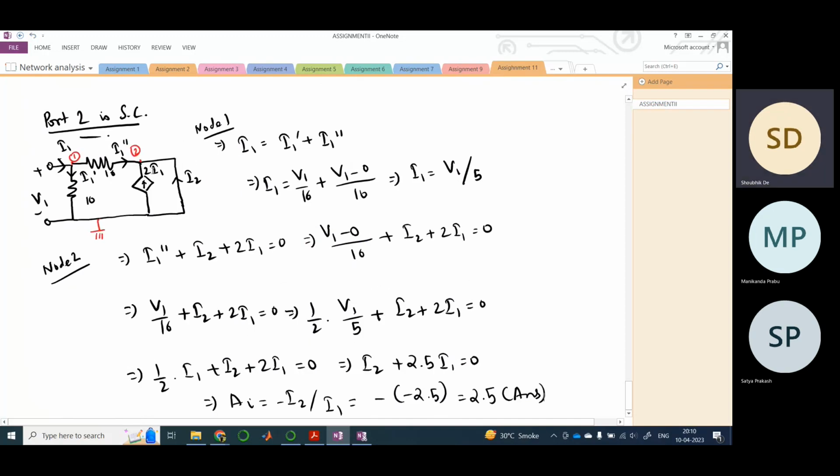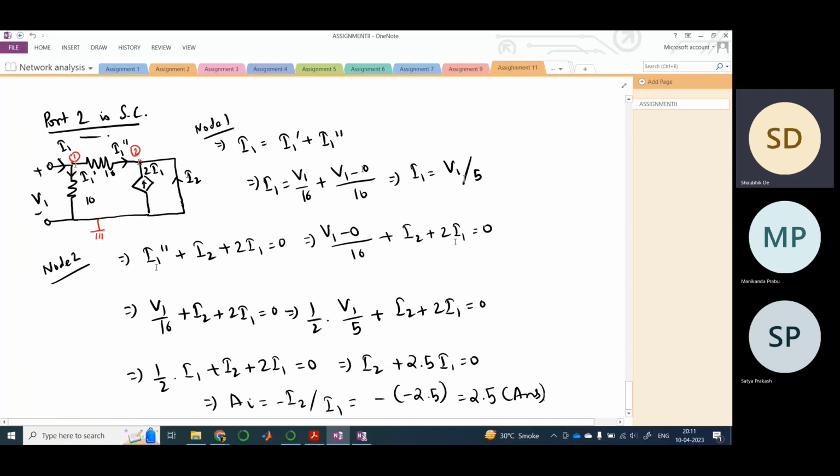right? So now you just apply KCL at node 1. This is 0 because V1 minus V2, node 2's voltage, is 0, so therefore you get I1 equals V1 by 5. Now you apply KCL at node 2. You substitute, so this is V1 minus 0 by 10.